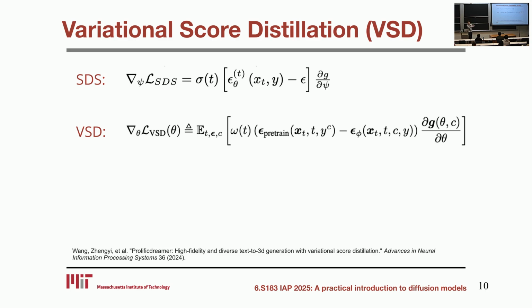Here we do something much more complicated. We take this epsilon, which I just sampled, add it to the image, and denoise it with our pre-trained and fixed diffusion model. At the same time, we also have a second copy of this pre-trained diffusion model that is fine-tuned at every step of our update to denoise our current 3D shape.